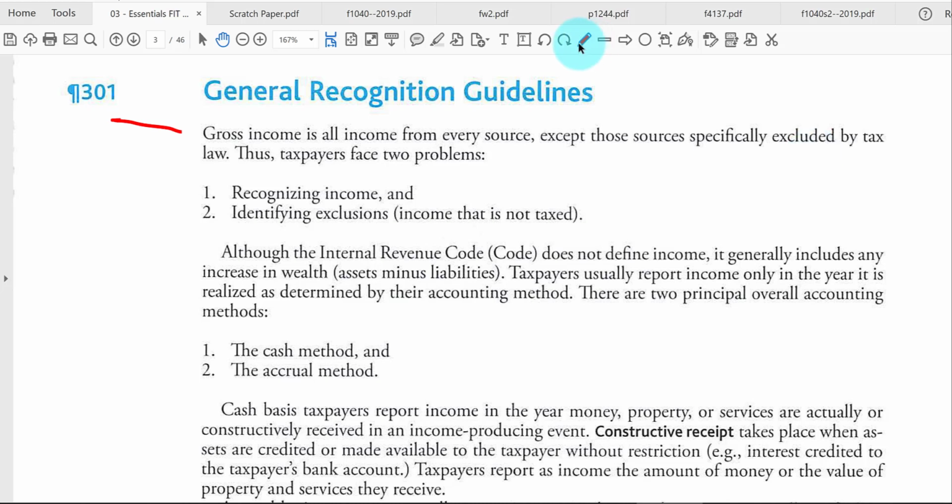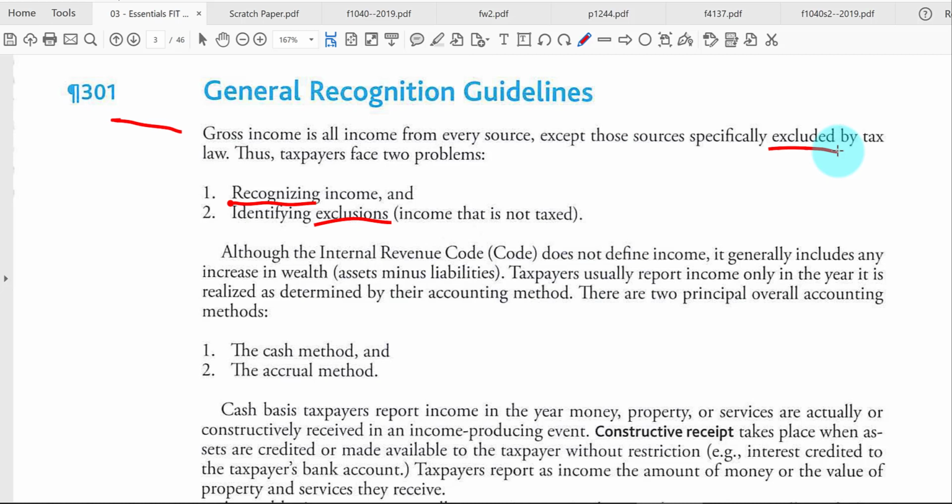Here's a similar word again, recognize. The income that's recognized is income that's subject to tax. And again, the opposite of that is income that is excluded, excluded by law. In the next chapter, chapter 4, we'll learn which types of income are excludable or tax-free.